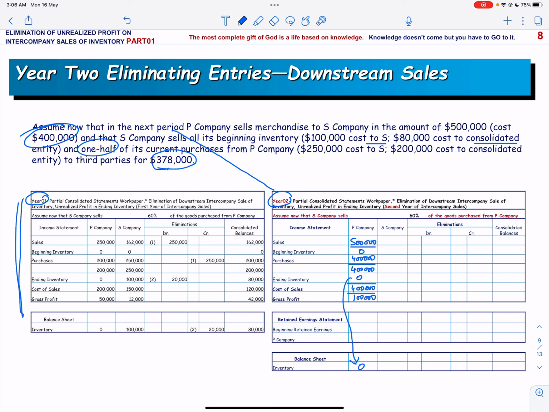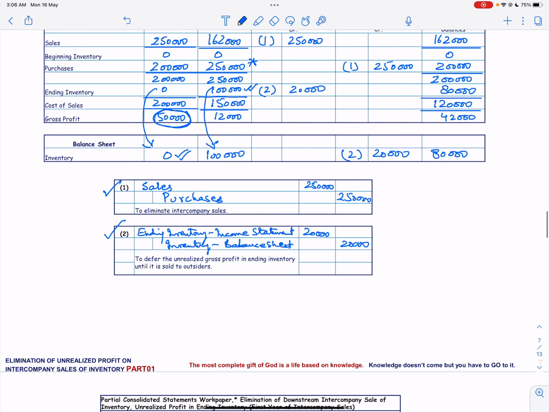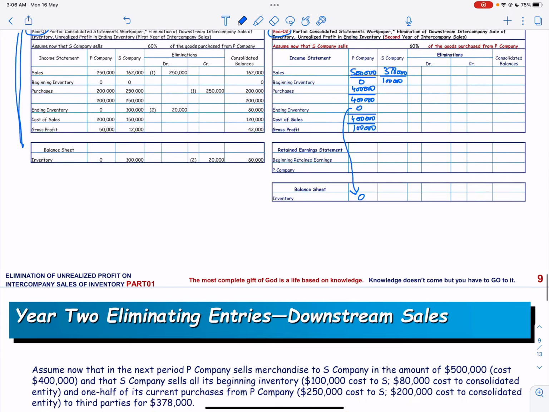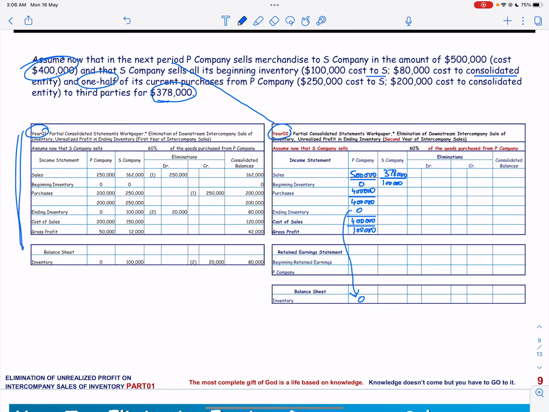Now, the income statement and the balance sheet of S company will include sales of 378,000, beginning inventory will be 100,000, because if you can remember, the ending inventory of year number 1 is 100,000. So this becomes the beginning inventory for S company, 100,000.